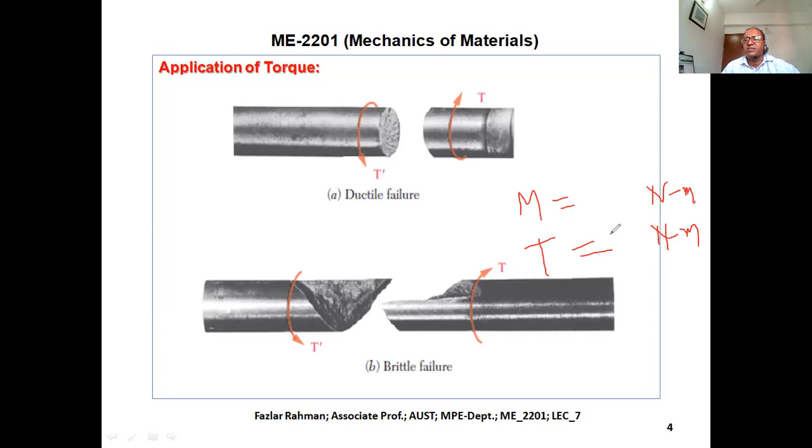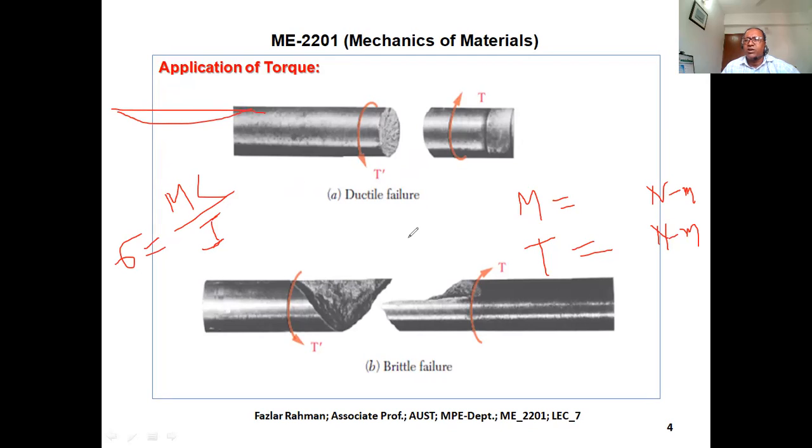But there is a difference. Due to the bending moment, your stress will be sigma equals MC over I, that we learned in the beam section, right? And due to the bending moment, your beam will bend like that. If it is horizontal, it will be a line.